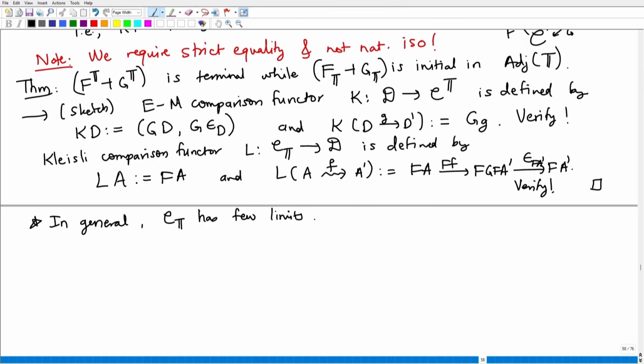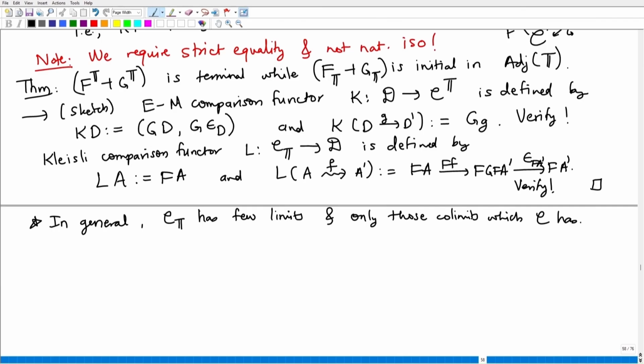I mean, co-limits are going to be preserved, yes, and only those co-limits which C has. You understand this?